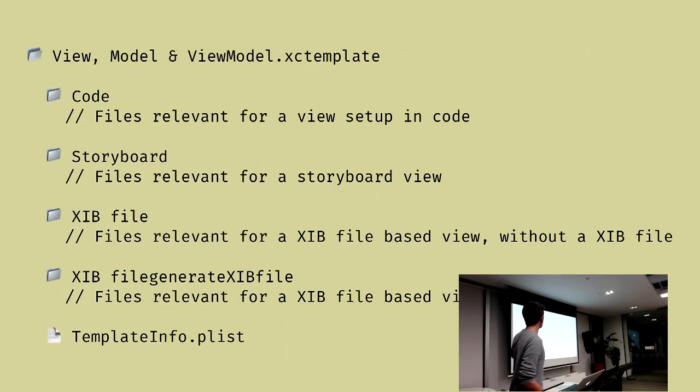It's going to be based on the layout of the folders in your template. So if we create a view model and view model.xib template, we now need to have subfolders where the names of the folders match the values of your options, the values or the identifier. Here we have three possible values: code, storyboard, and zip file.